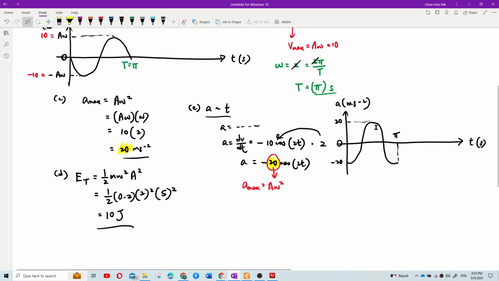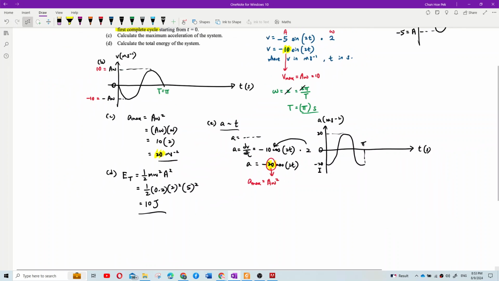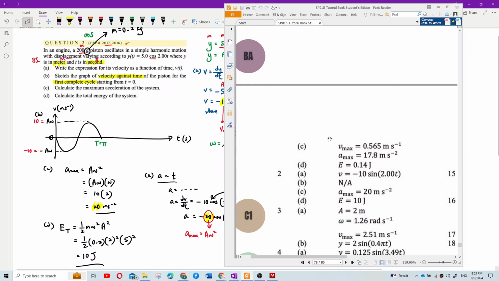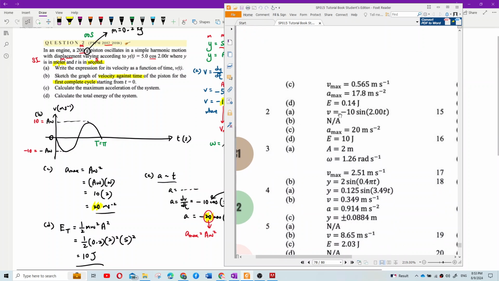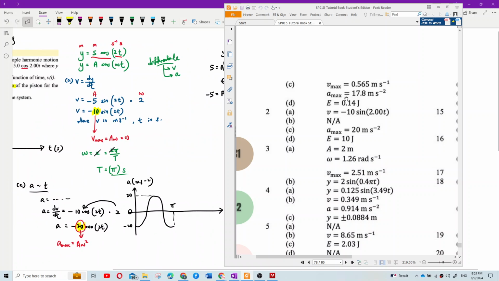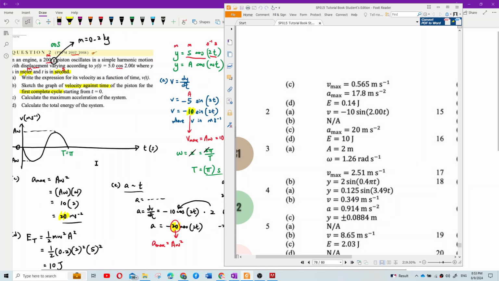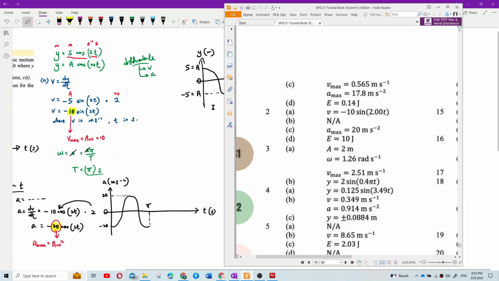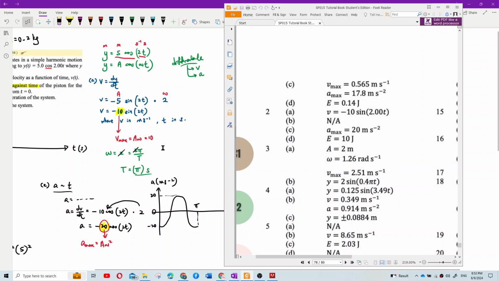Okay, let's check the answer. Is it correct, class? Question A, velocity equation, negative 10 sine 2t. Correct. It's a negative sine graph. B is a graph question, but not shown, only in the answer scheme.